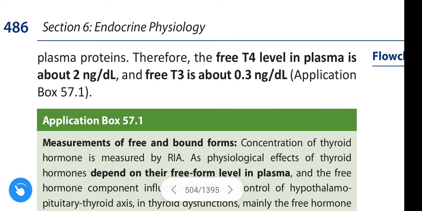When it comes to triiodothyronine, it contains 3 iodine atoms, present at the third, fifth and 3' position. Thus we named these as T3 and T4.